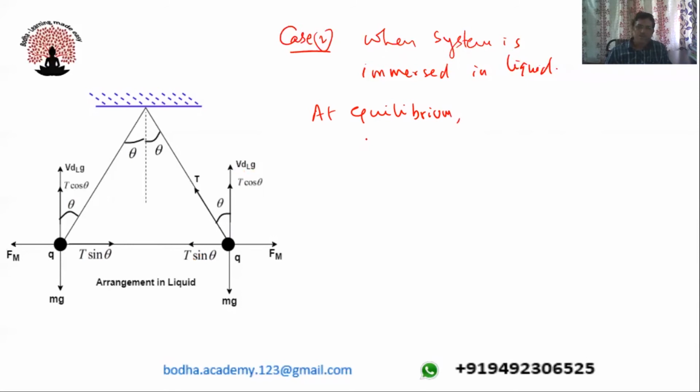left side force equals right side force, which means I can write T sin theta is equal to Fm. Upward force equals downward force, which means I can write T cos theta plus volume into density of liquid into g is equal to mg.